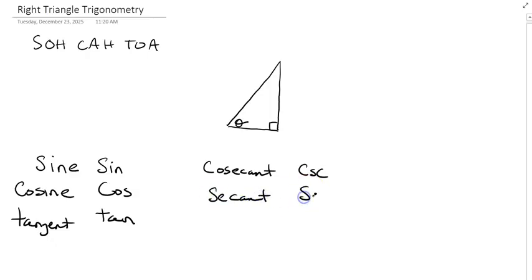And we would call that one SEC. And then the reciprocal of tangent is cotangent, which is COT. And I know that's a little confusing because sine and cosine are not reciprocals of each other, but cotangent and tangent are reciprocals of each other. So it's just something you have to get familiar with.